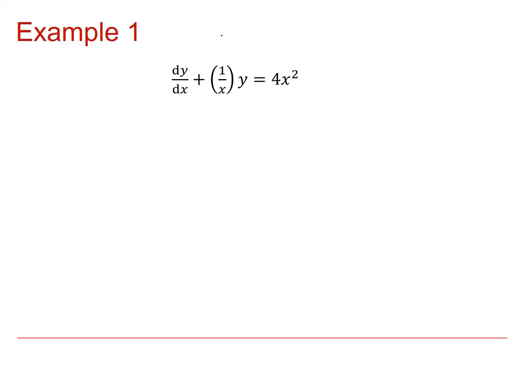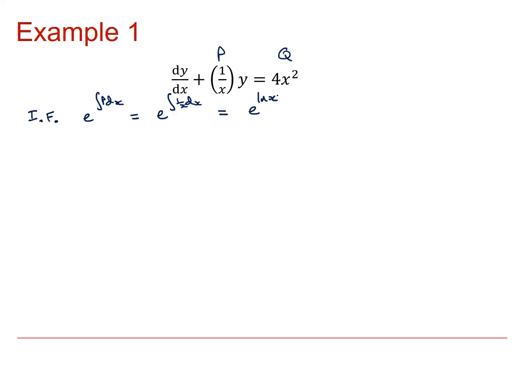Okay, let's have a look at this. If I think of this function 1 over x as being the p and this function over here as being the q, then my integrating factor is e to the integral p dx, which is e to the integral of 1 over x dx, which is e to the log x.